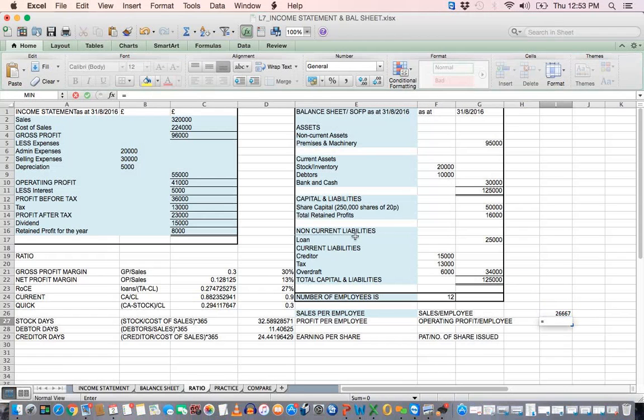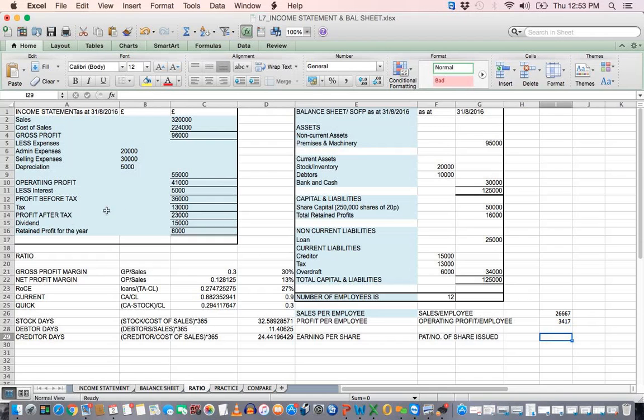So operating profit divided by employees gives the profit per employee. The operating profit is our 41,000 divided by our number of employees, and then you make it a round figure this way.